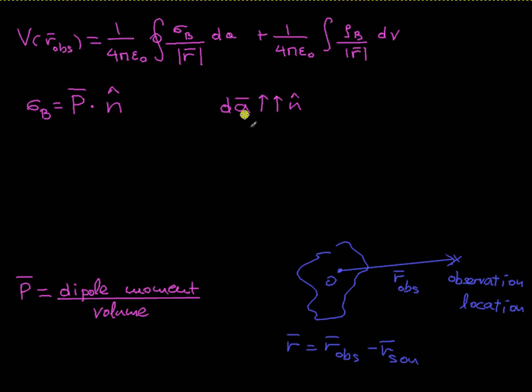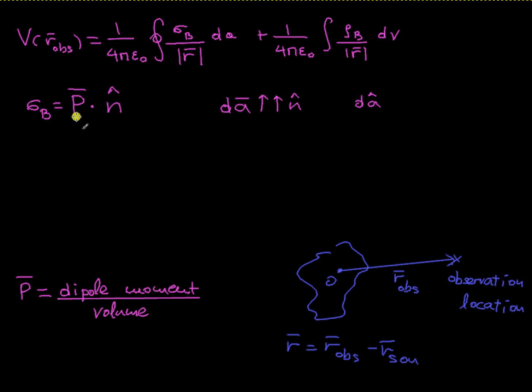In other words, your dA vector needs to point in the same direction as n hat. N hat is the unit vector. Another way, I could have written it as dA hat. It's the unit area vector.